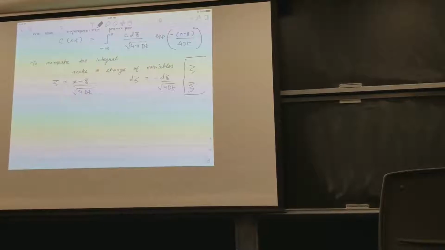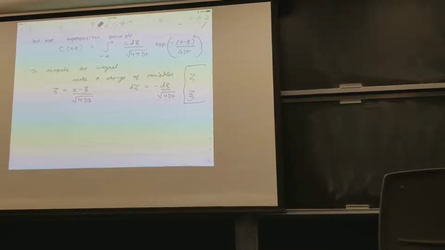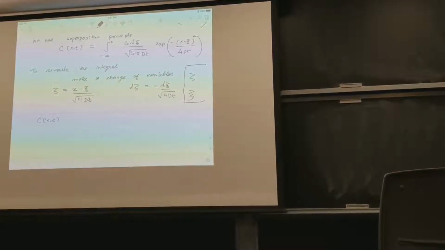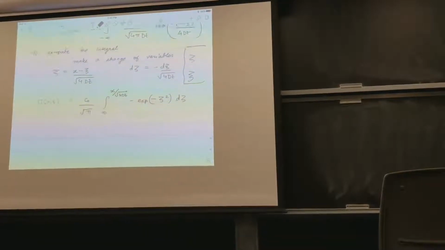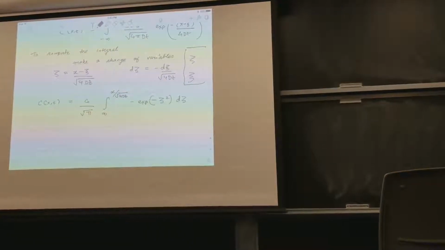So once we do this change of variables, then we can rewrite our concentration in these new terms. So I can get the C naught over root pi outside, and then we get the integral from x over 4Dt to infinity of exponential of minus zeta squared d zeta.